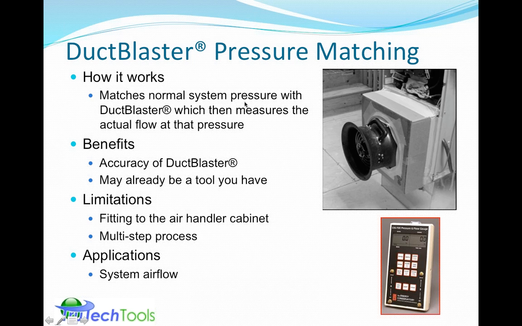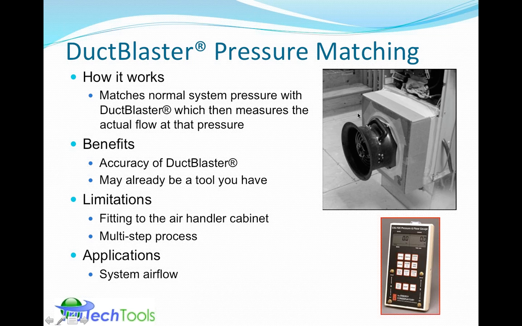There's another method that involves using your duct blaster or duct leakage tester. It's a pressure matching method. So basically you look at the normal system operating pressure and match it with the duct blaster, which is retrofit over the fan compartment, the blower compartment, to match that same kind of pressure running through the system.